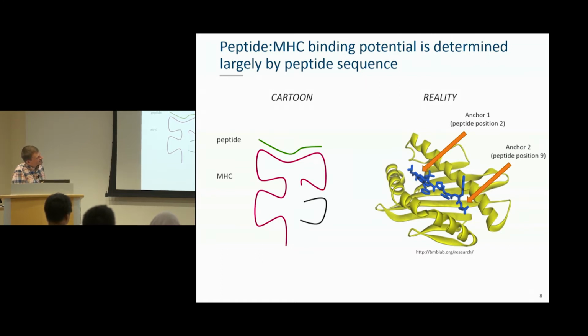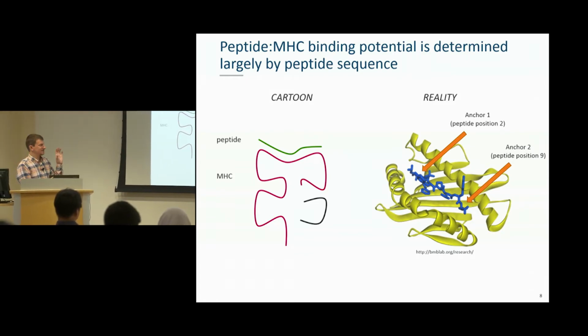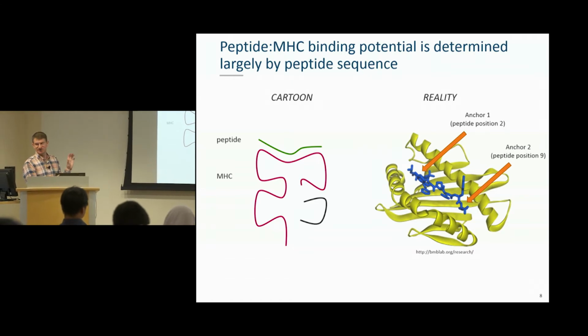The peptide sits in this crevice, and the peptide has to have a sequence that's compatible with this crevice. And there's two positions that are particularly important, anchor position 1 and anchor position 2, which are typically positions 2 and 9 of the peptide. And these amino acids actually burrow inward into the MHC molecule, and you need to have the right amino acids there in order for that peptide to be able to bind in the first place.